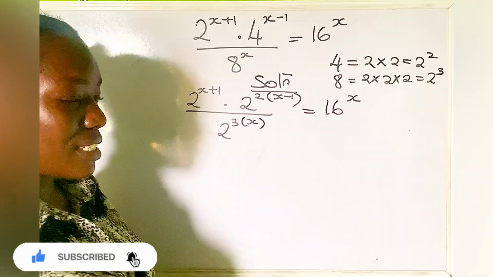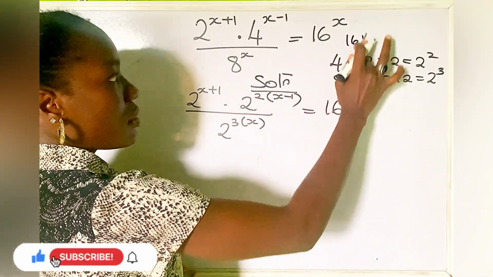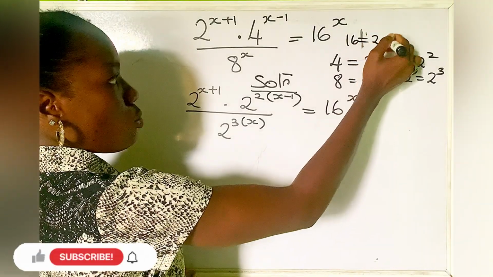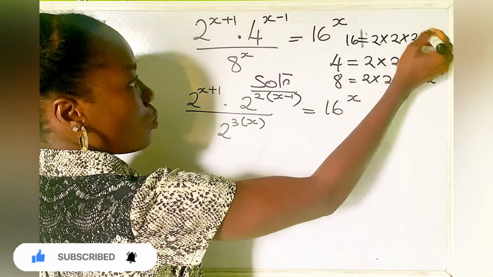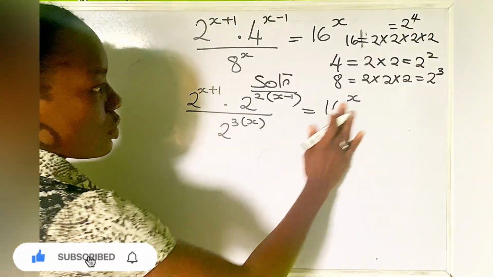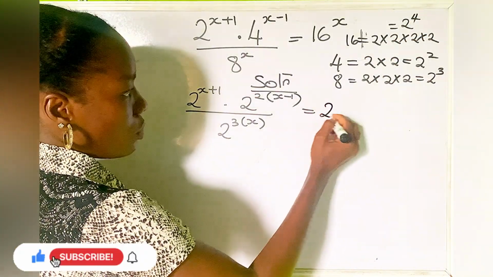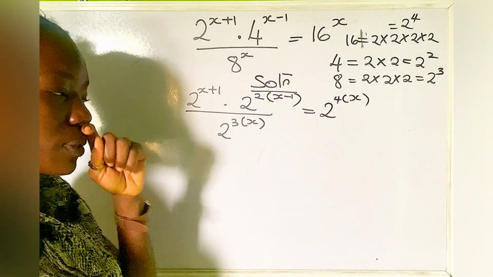Okay, and now for 16 we can write 16 as 2 multiplied by 2 multiplied by 2 multiplied by 2, which will give us 2 to the power of 4. So here we write 2 to the power of 4, bracket raised to power x.